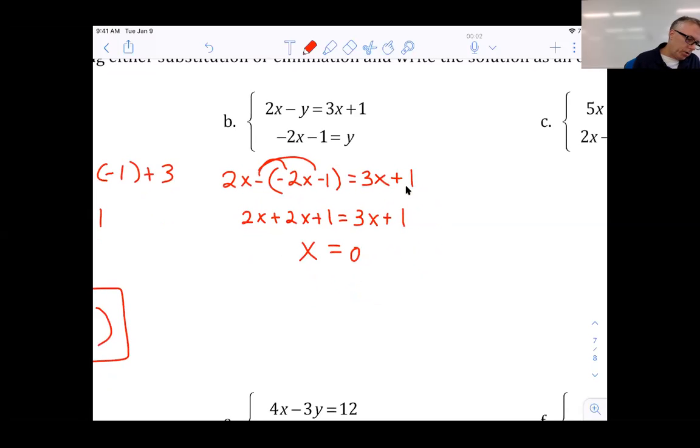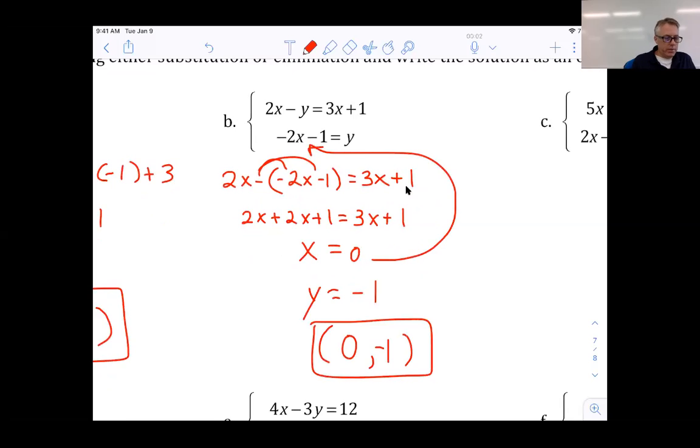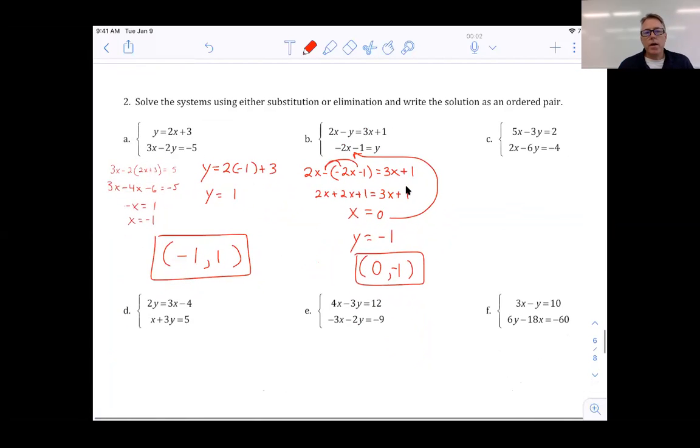So again, I'll substitute that 0 back into here. So then my y is going to be -1. So my solution set is 0, -1. And you can always check those by plugging them back into the values.